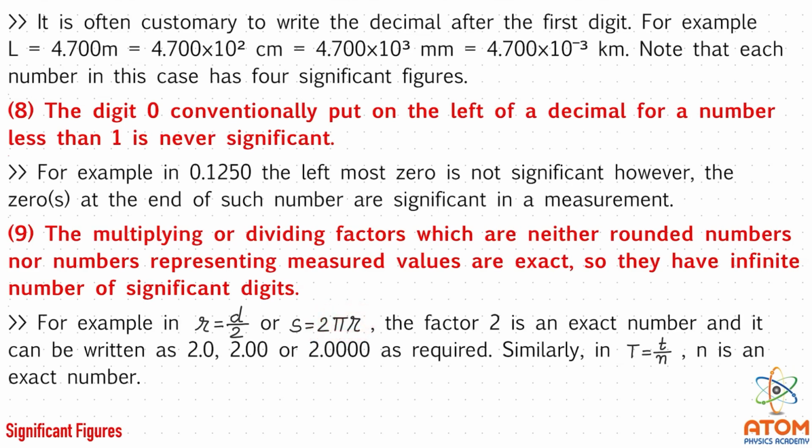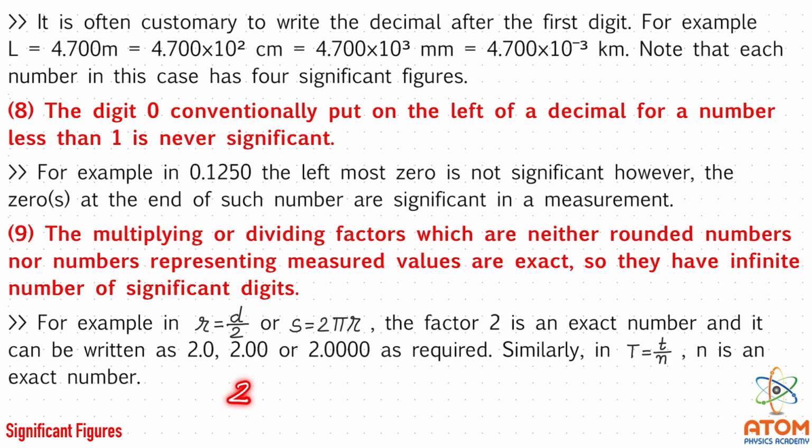That is why the factor 2 is an exact number and it can be written as 2.0, 2.00, 2.0000 as required, because this 2 is exactly 2. It is not a measurement, so it is not having any sort of error.